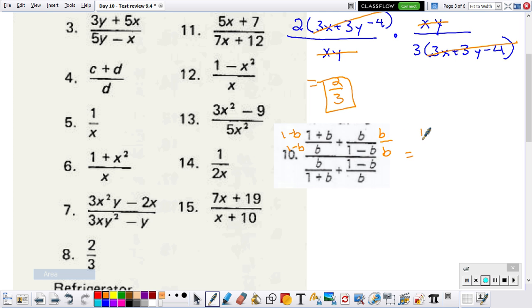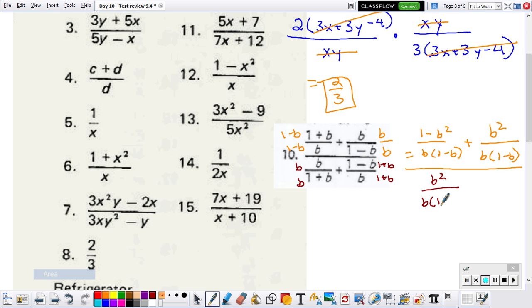I've got 1 over b times 1 minus b, sorry. And then the denominator there that I'm going to flip is going to be 1 over b times b plus 1. So this goes up. This goes below. So you can see for number 10, these are going to cancel. And I think that's it. Let's check. Yep, that's it. So we've got 1 plus b over 1 minus b, and that's our final answer.